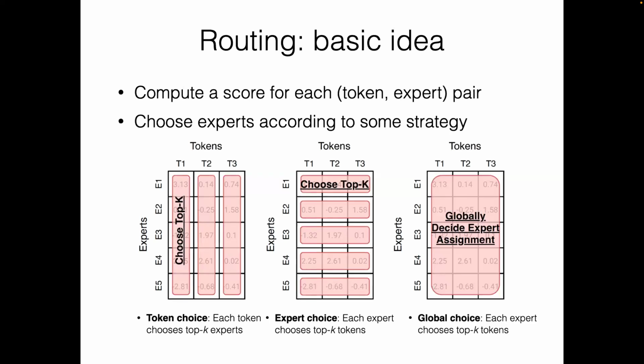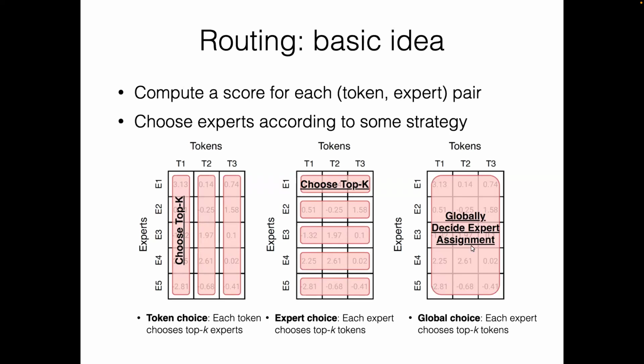And then the third, and this is a really general one, is that you can come up with some clever algorithm or procedure for taking these scores and choosing experts. This is kind of global optimization.